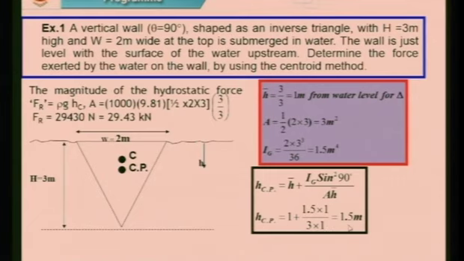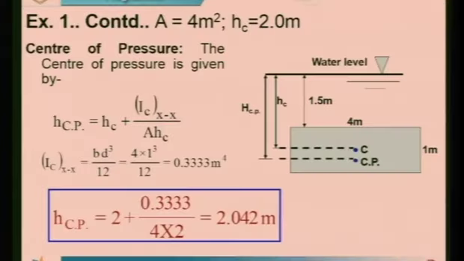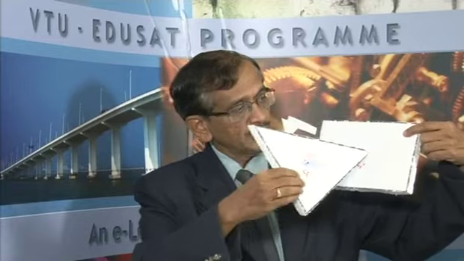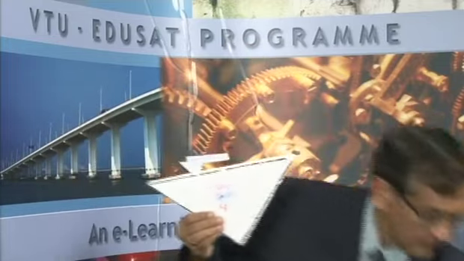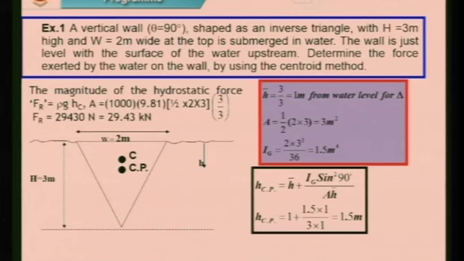Now you can see in this case as compared to the previous problem you remember, it is very near: 2 meter and 2.042 for the rectangle. Exactly, this rectangle we have done, this is 2 meter and hcp is 2.042, hardly 0.042 meter or 4 mm you can see. But as far as the triangle is concerned, you can see the value is fairly different.